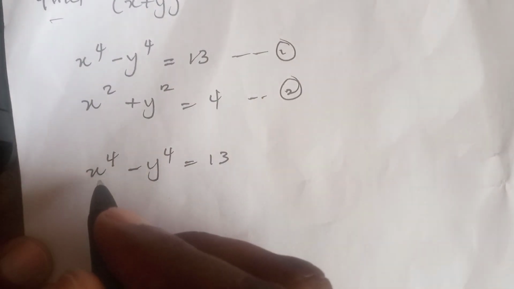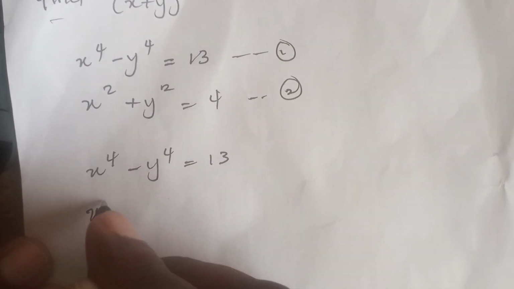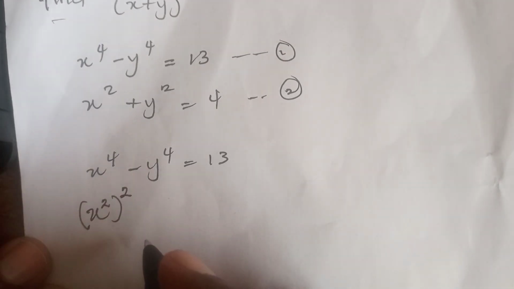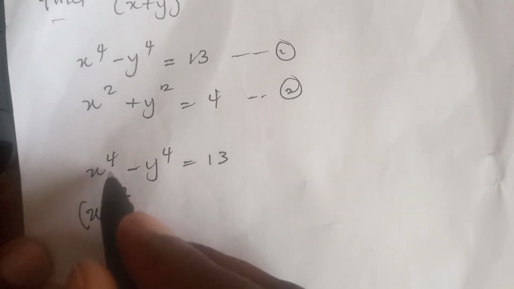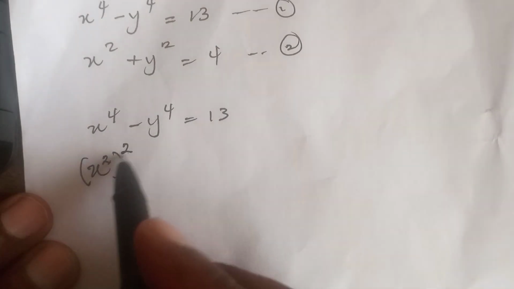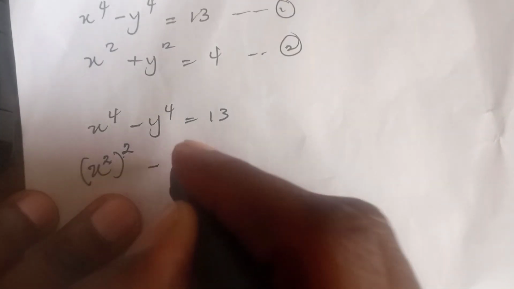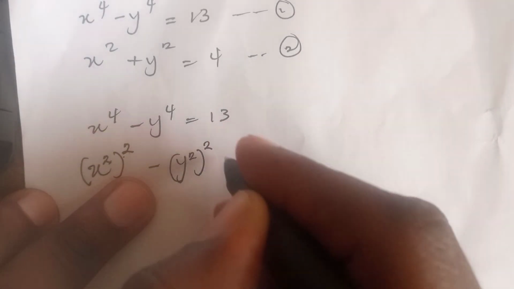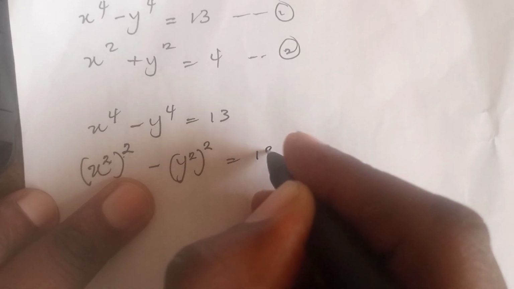This x raised to power 4 can be written as x raised to power 2, all raised to power 2, because when we open this bracket, we're going to have x raised to power 4 back, if you remember the laws of indices. If we multiply the powers, we get this back. The same thing for y raised to power 2, everything in bracket, equals 13.